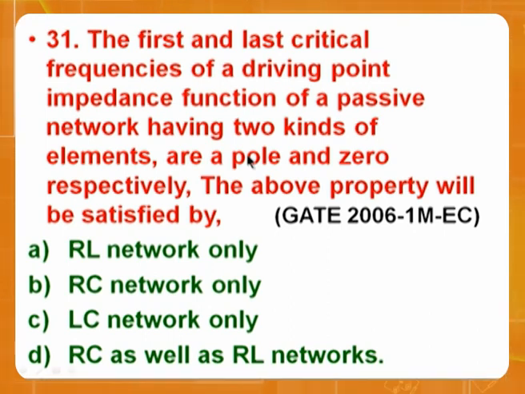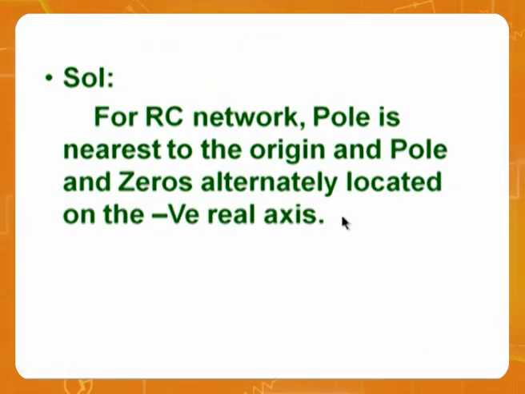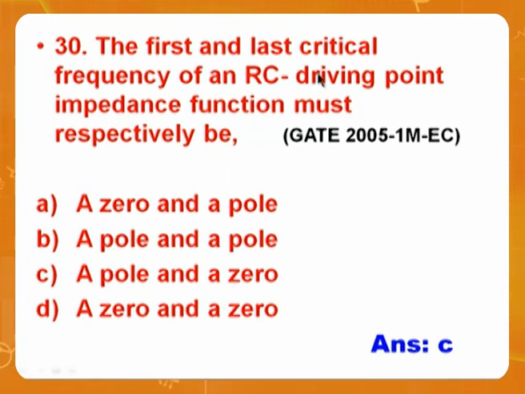Please understand this, very simple, just like the previous question. The first is a pole and the last is a 0. Then automatically what it should be? It has to be RC network. Look at that there. RC network, you see. So from one year to another year, last question was basically which year? 2005.